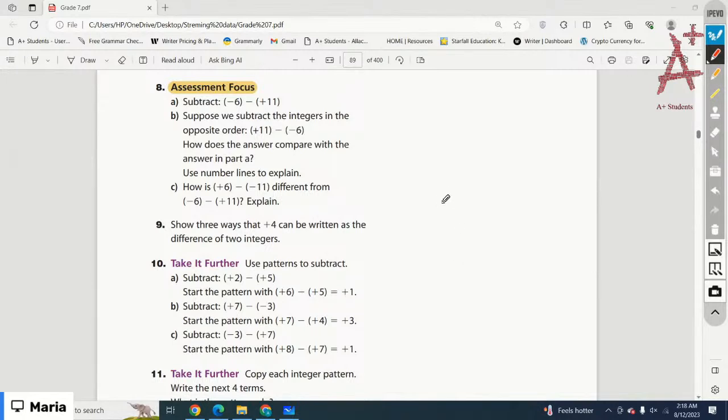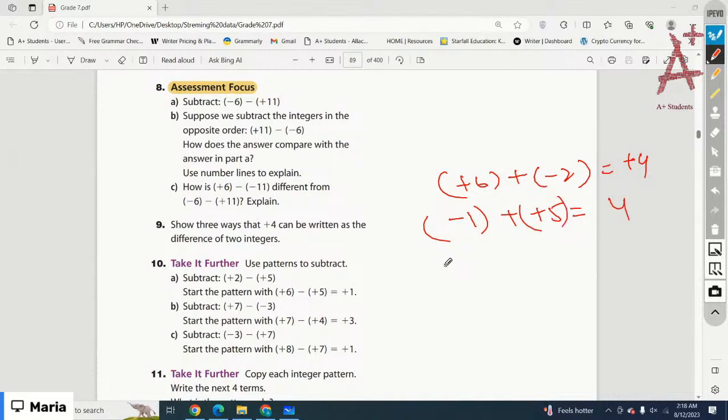For example, positive 6 plus negative 2, 6 minus 2 makes positive 4, right? Negative 1 plus 5, that makes 5 minus 1 is 4. Positive 8 minus positive 4, and you have so many ways, you can use any numbers, right?